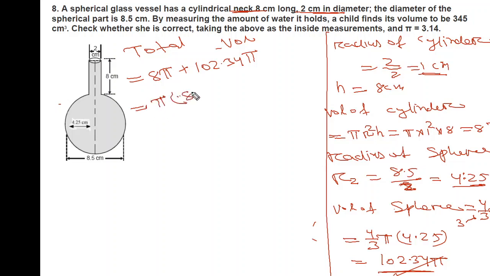Pi into 8 plus 102.34, which will be equal to pi, which is 3.14, into 8 plus 102.34, which will be 110.34. Now after multiplication you can find it.